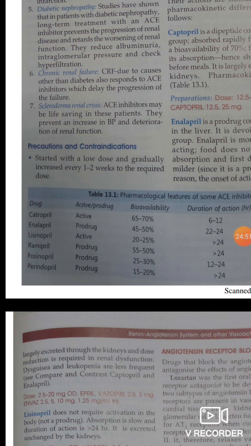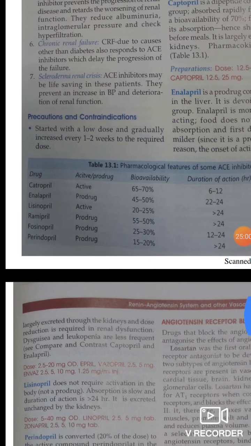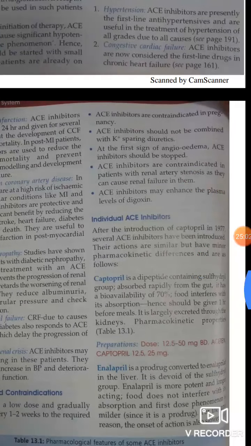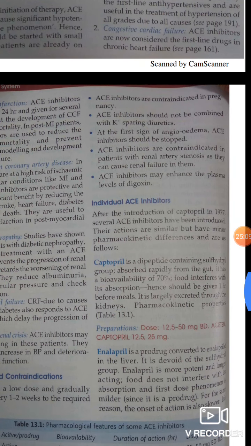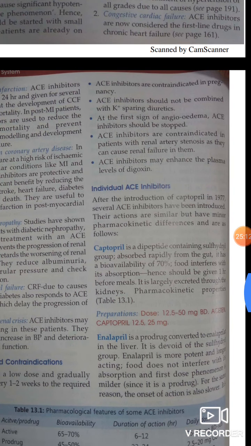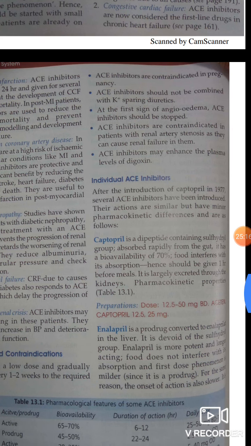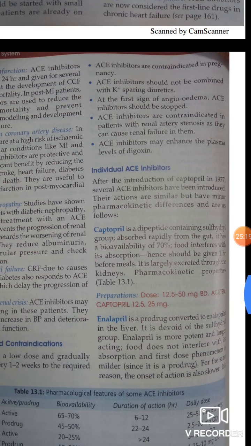So you cannot directly take the required dose; you have to start with a lower dose, and gradually increase it, right? And the second one is that it is contraindicated in pregnancy, as we have seen that it causes teratogenicity. So it should not be used in pregnancy, particularly in the second and third trimester.